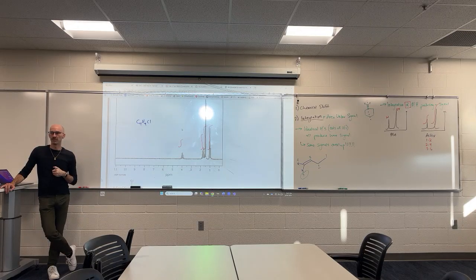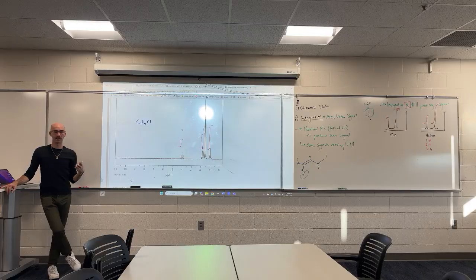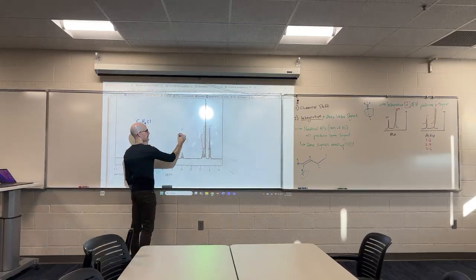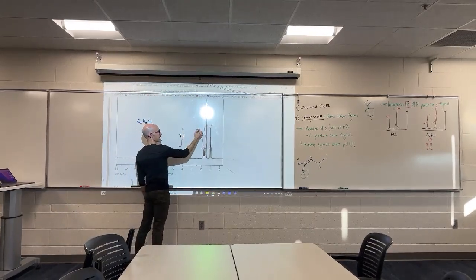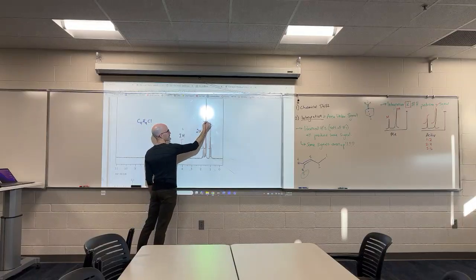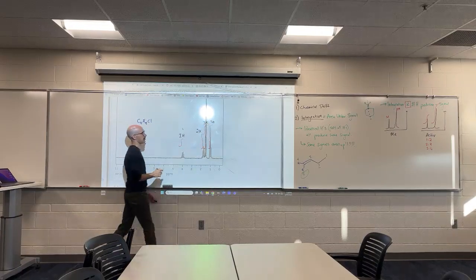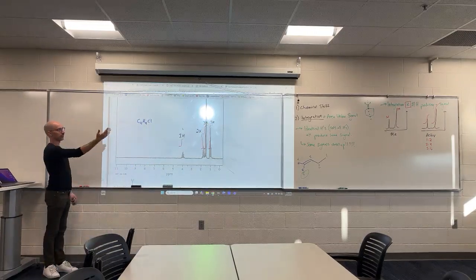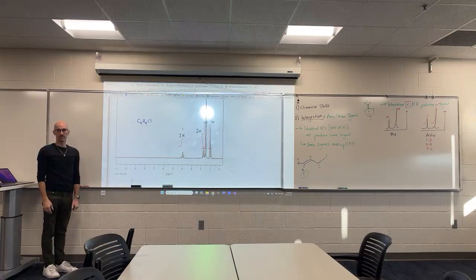Are you able to come up with a set of integrations that add up to 9? You got it? Tell me what they are from left to right. 1H, 2H, 3H, 3H. That's 3, 6, 9. Good.